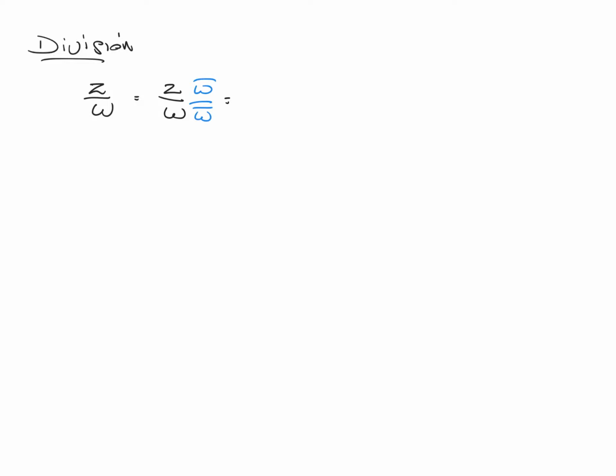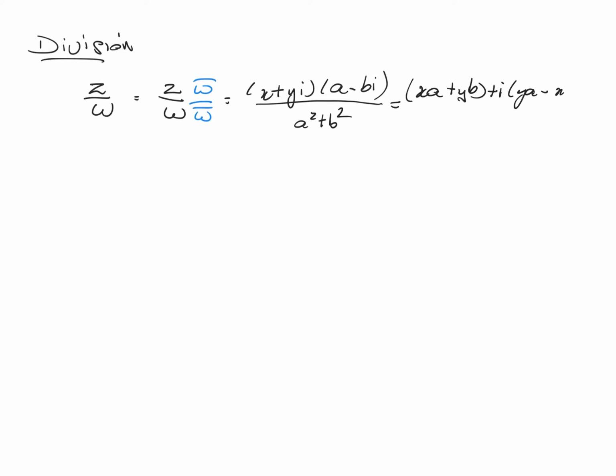We then plug it in, so it is x plus yi times a minus bi over a squared plus b squared. Or this is equal to x times a plus y times b plus i times y times a minus x times b, divided by a squared plus b squared.